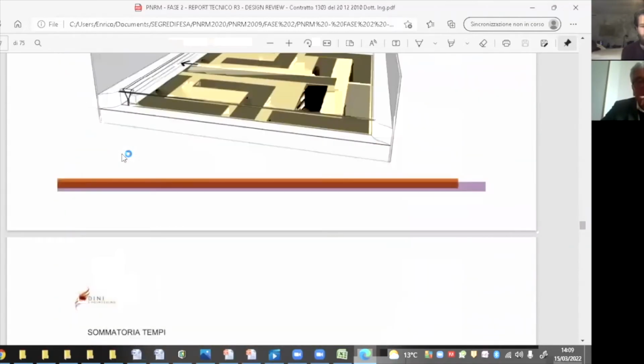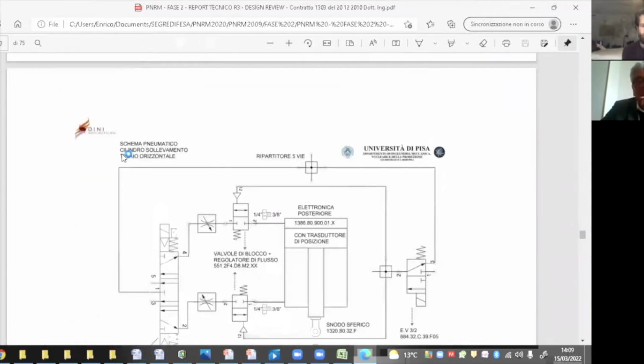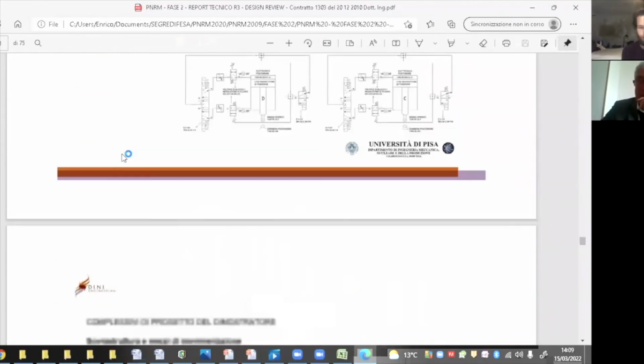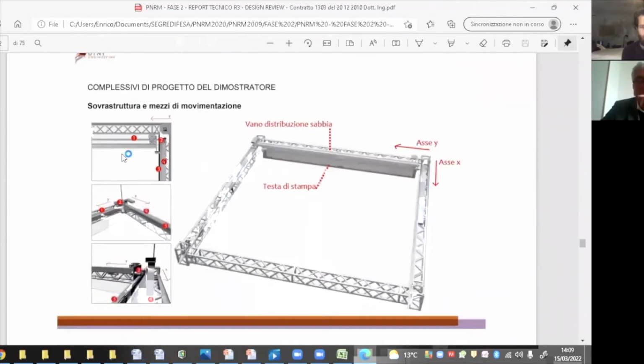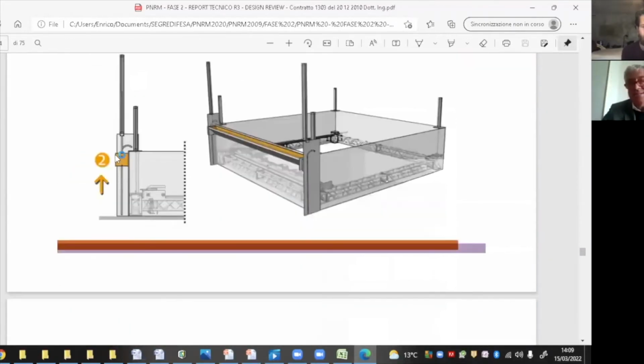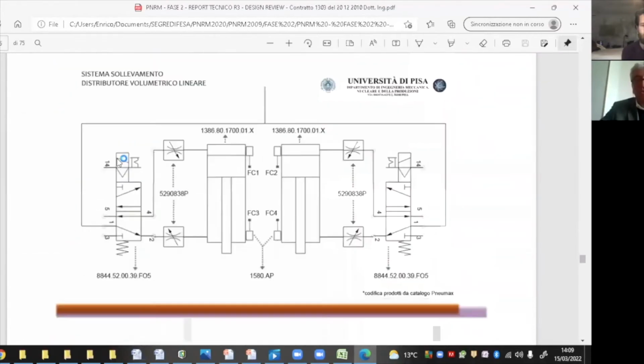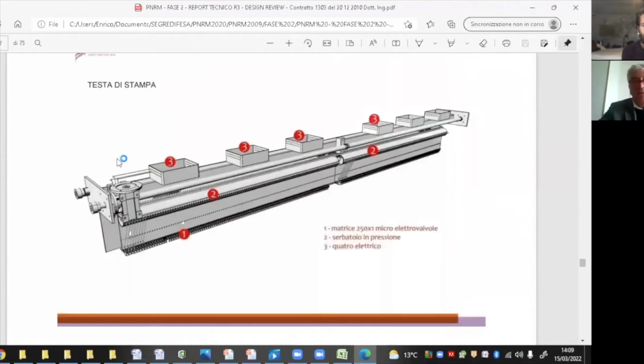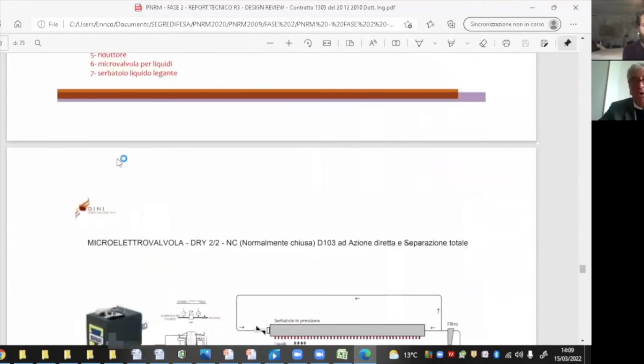So you don't need a mixer pump system. Pardon? You don't need a mixer pump system for your apparatus. Well, no, in the sense that you need just a pot filled with a certain amount of water.